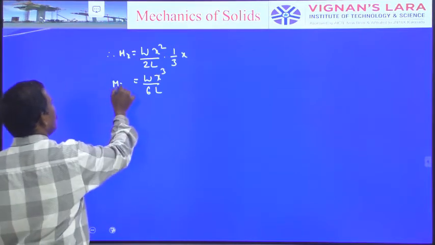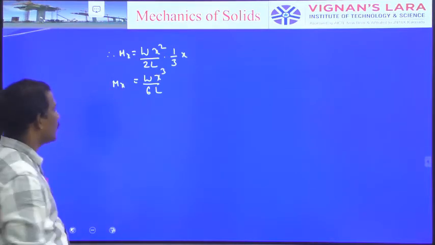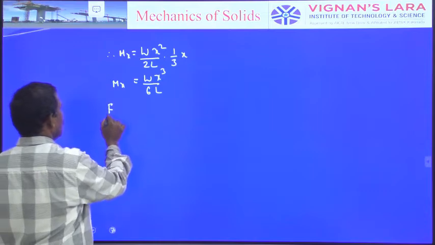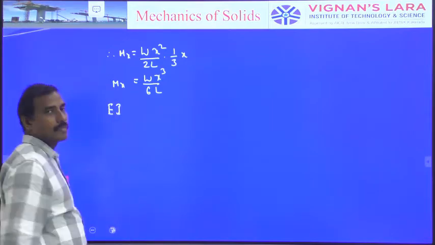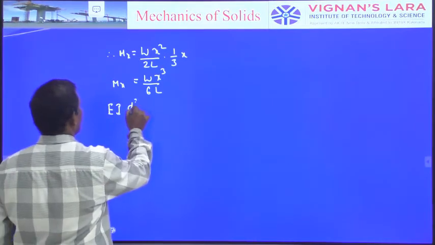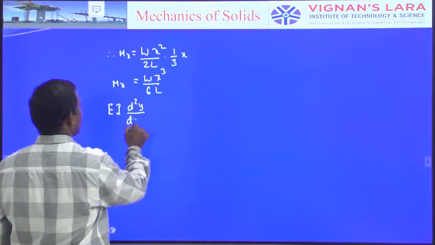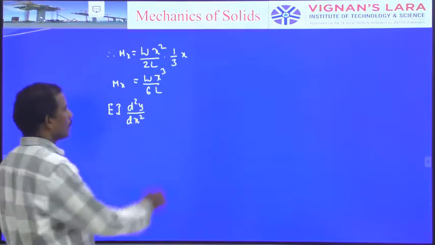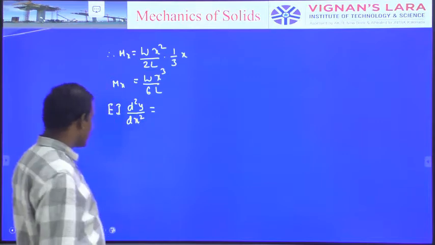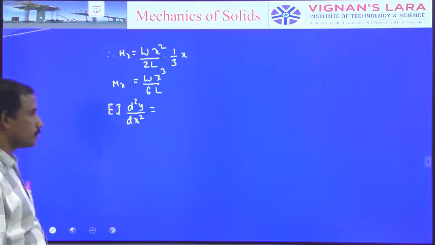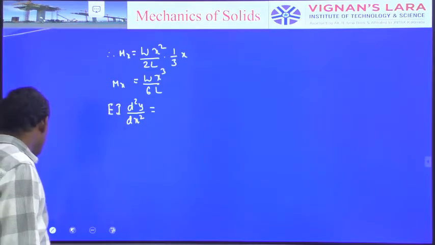Substitute this value in the governing equation as EI d square y by dx square is equal to. Next, let us see the sign convention.